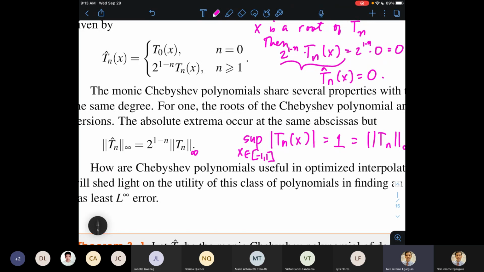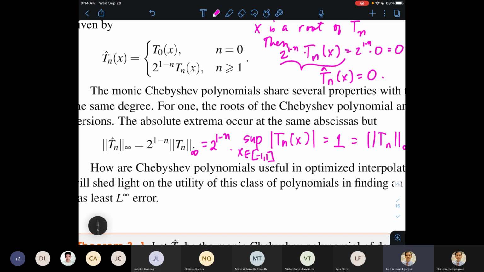So that will mean that the supremum or the L infinity norm of T hat sub n ay equal lamang sa 2 raised to 1 minus n times ng L infinity norm ni T sub n. But we know that this is equal to 1. So basically this is 2 to the 1 minus n. Okay, so ang L infinity norm ni monic Chebyshev polynomial ay 2 to the power 1 minus n.